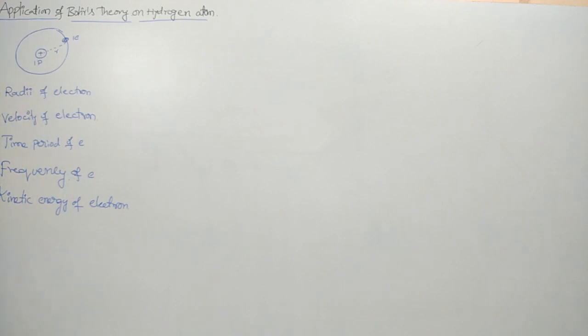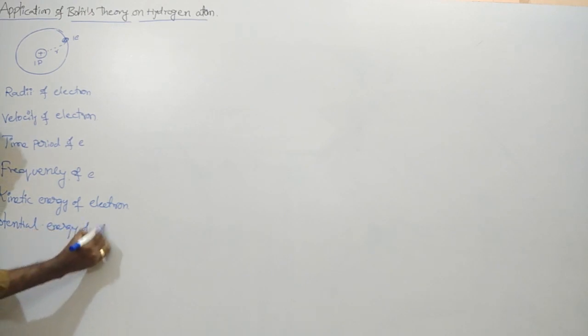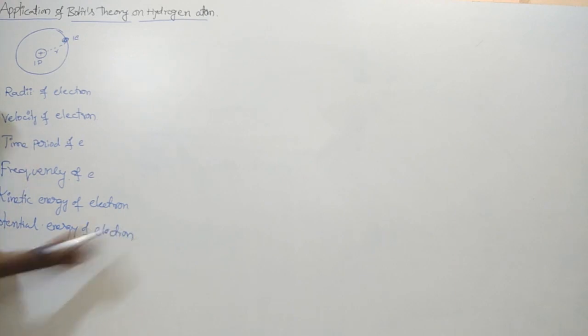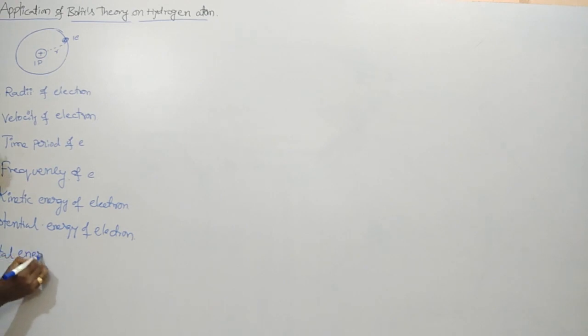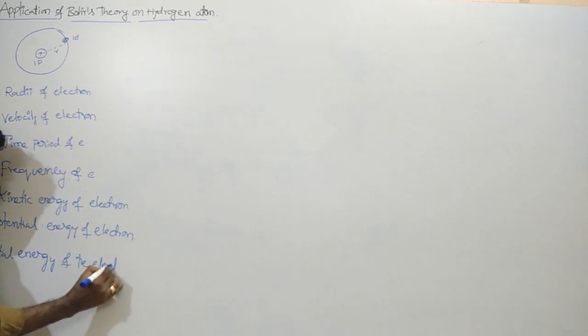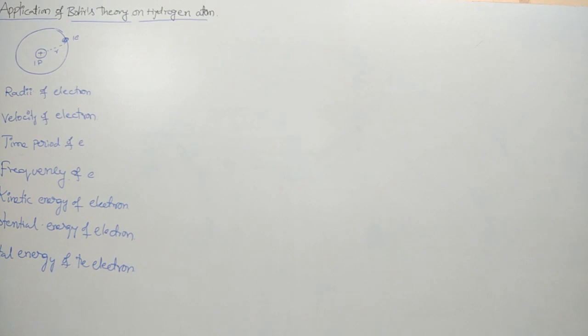We need to find out the potential energy of the electron. If the electron has kinetic energy as well as potential energy, then it will have a total energy, and we need to find out the total energy of the electron also.